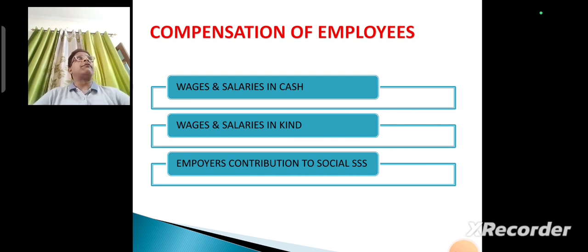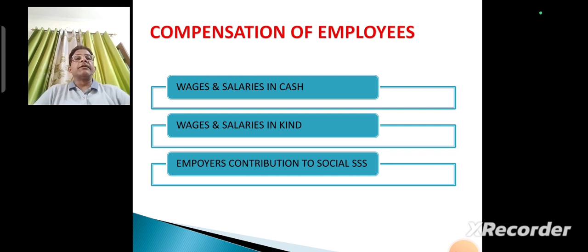It can be also in the form of all the bonuses which are being paid to the employees; tips and commissions also come under this particular category. So whether it is a regular salary, basic salary, or any kind of allowances, HRA, DA, TA, medical allowance, all allowances which are being paid in cash, and any type of commission, bonus, tips, which is being paid now.